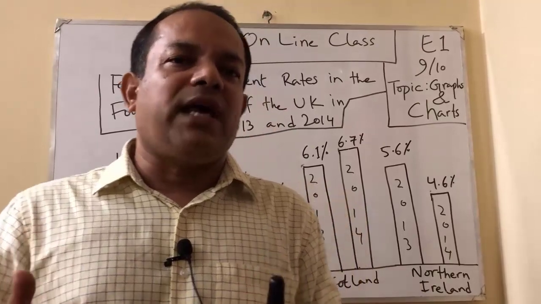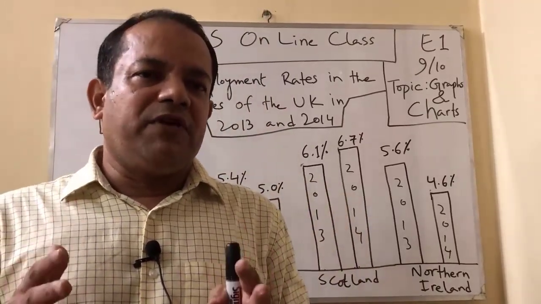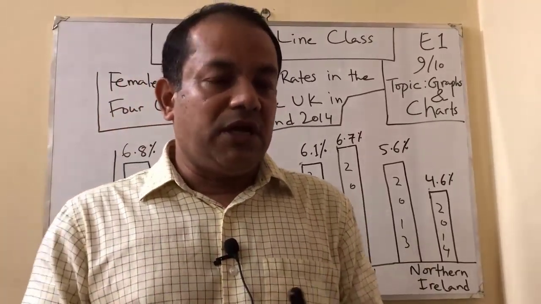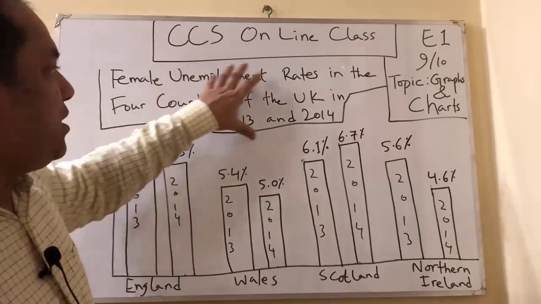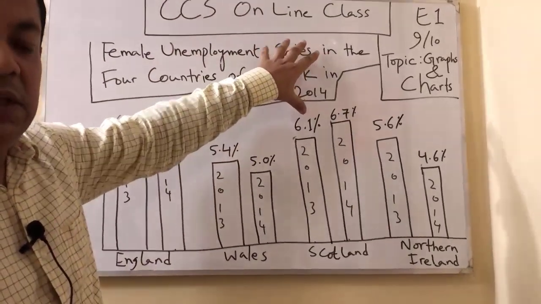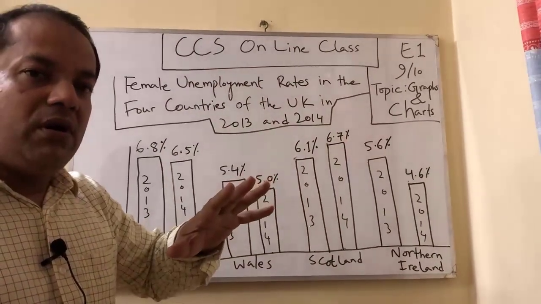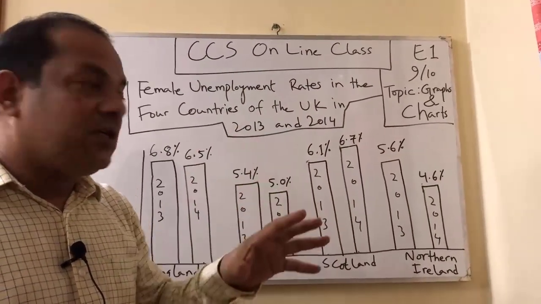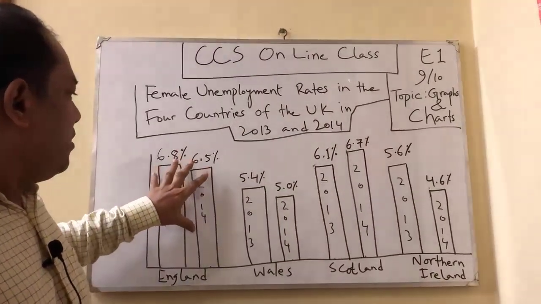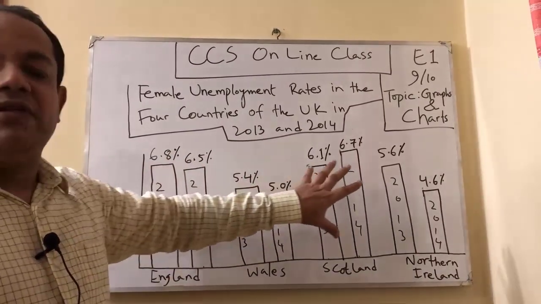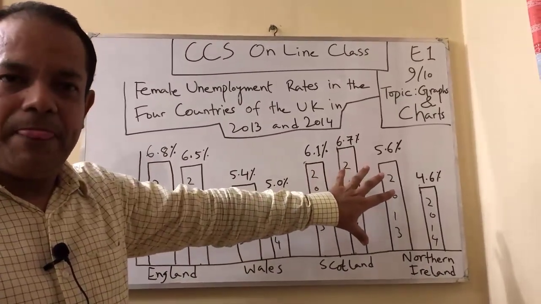The systematic way is that at first you analyze the question, then you go for important features, that means what the important features in your graph are.